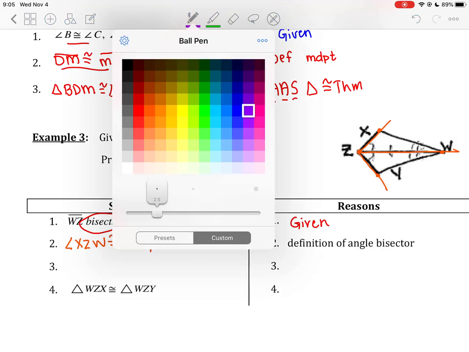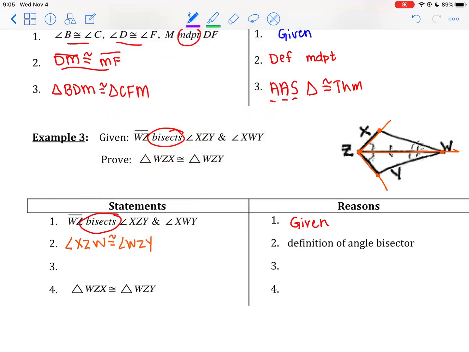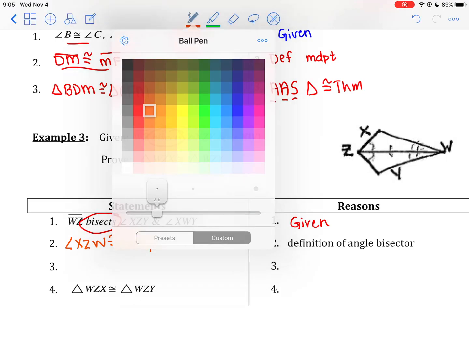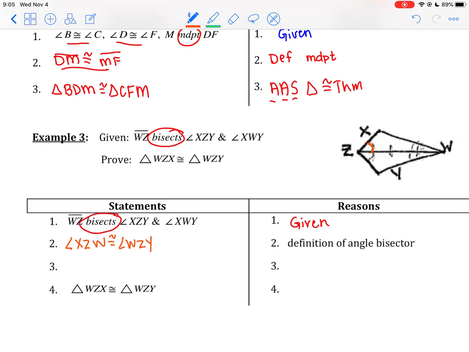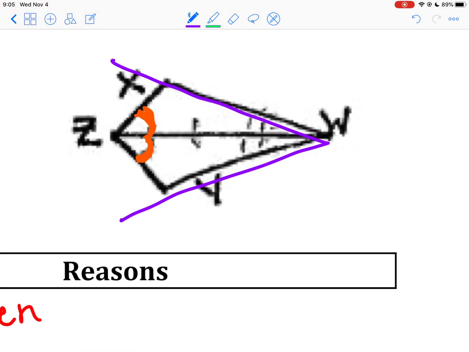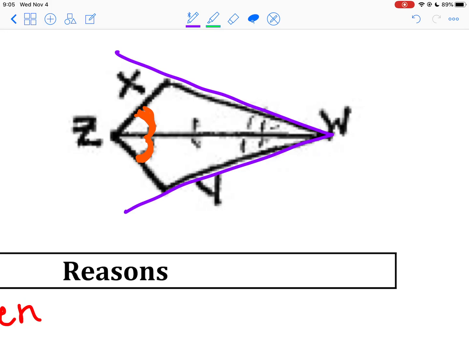And then there was another angle that was bisected. So let's go back to our diagram. I'm going to go in and mark that one in orange since we talked about it. So these two angles have been proven congruent. The second angle that is bisected is angle XWY. So this angle is bisected. Let me scoot that up to match a little better.